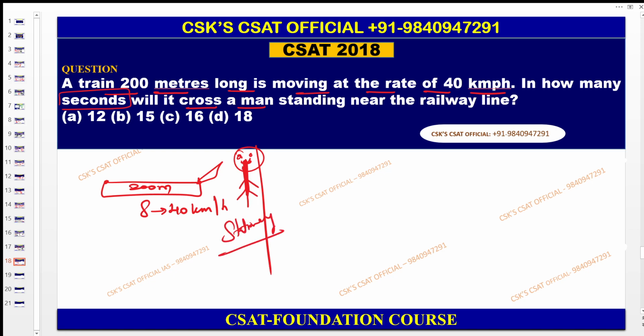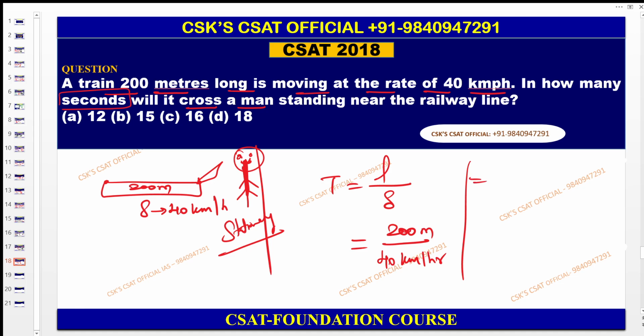When it is stationary, T is equal to L by S. This was already provided in your foundation. Here L is 200 meters, and the speed is 40 kilometers per hour. The answer must be in seconds, so convert kilometers per hour into meters per second first: 40 into 5 by 18 meters per second.